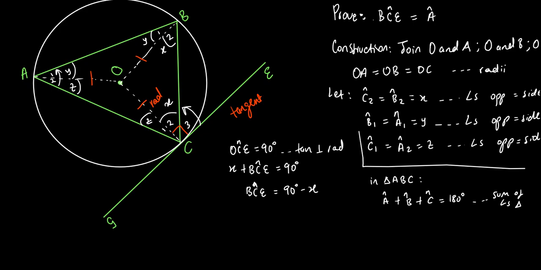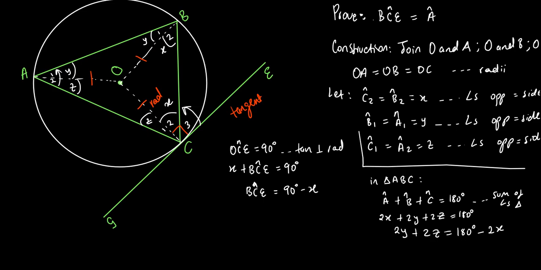Now remember, I told you that when you add all angles in that triangle, it's simply going to be 2x plus 2y plus 2z being equal to 180. Now you check here, we have 90 minus x. So I should take the 2x to the right, so that I'm left with 2y plus 2z being equal to 180 minus 2x.